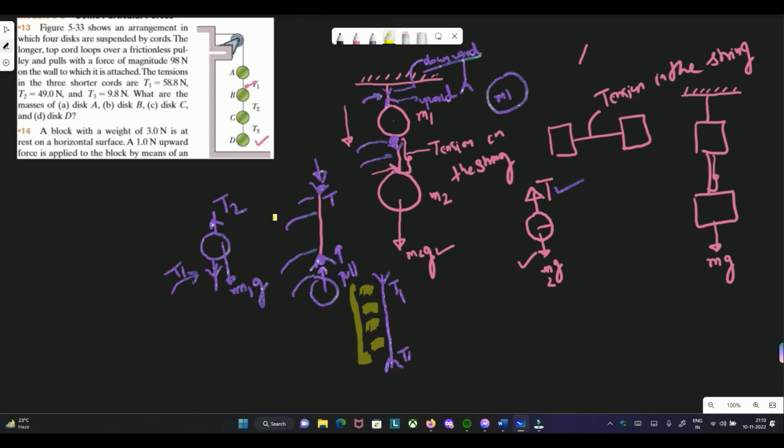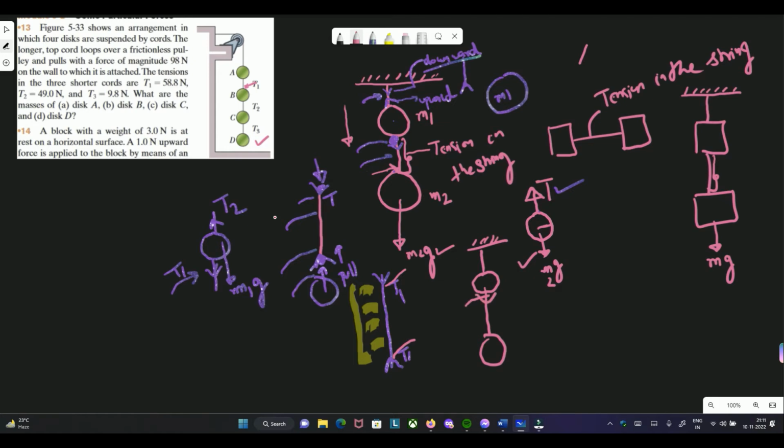A lot of students ask what happens to the tension across the string. You have discussed the ends of the string; what happens to the tension in between? The tension in between the string is zero because it gets cancelled. This tension is only acting on the edges. It never acts through the string.